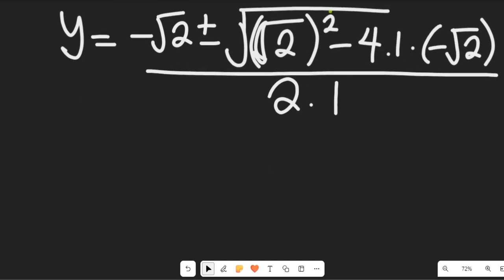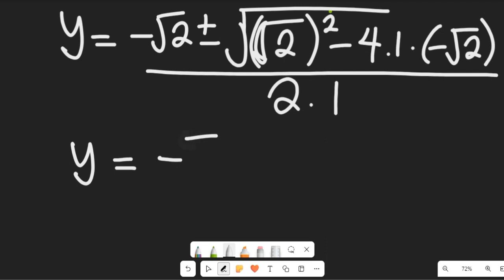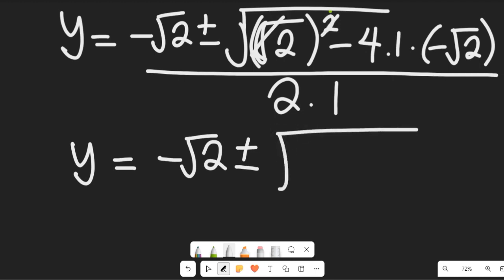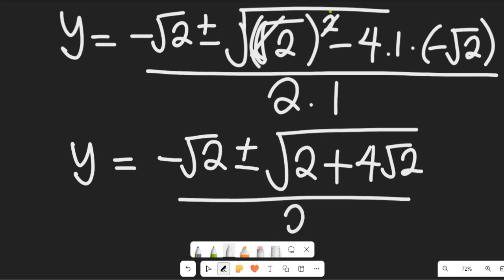The square of this is going to give us 2, minus 4 multiplied by 1 is minus 4. Minus 4 multiplied by negative square root of 2 will give us plus 4 root 2, and this will be divided by 2.